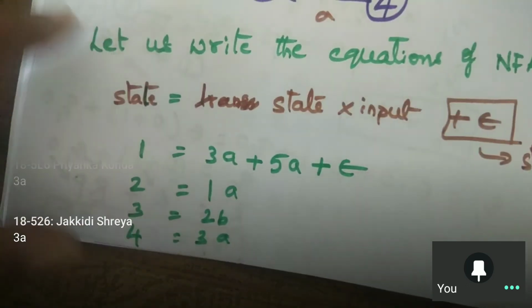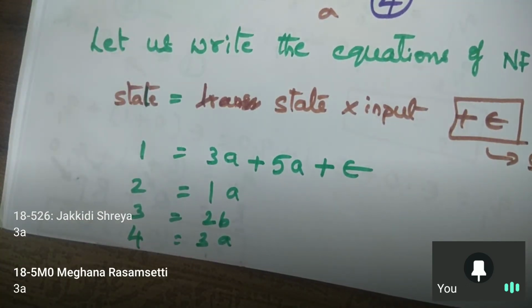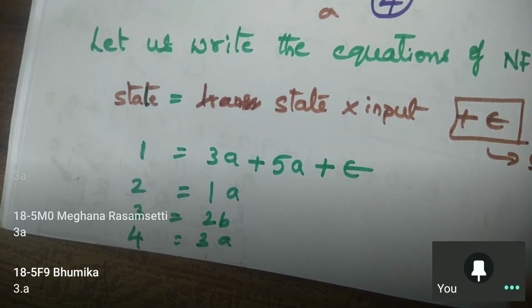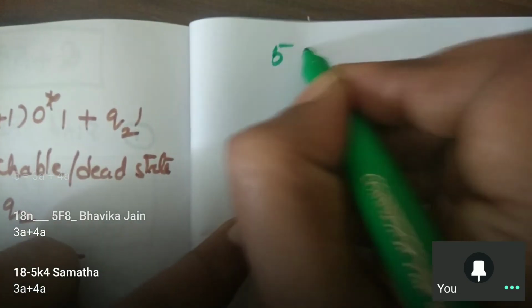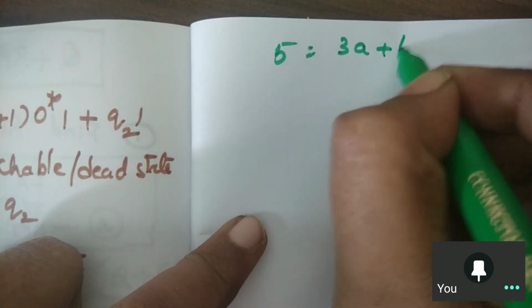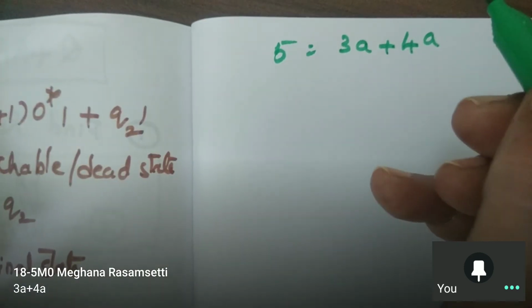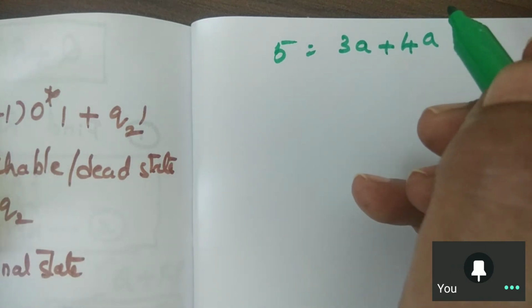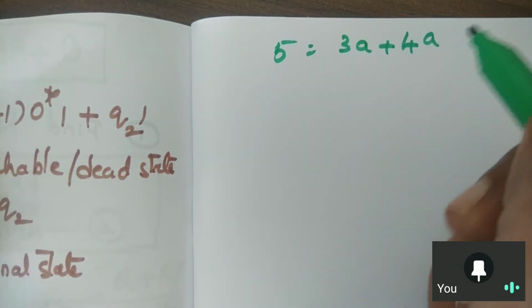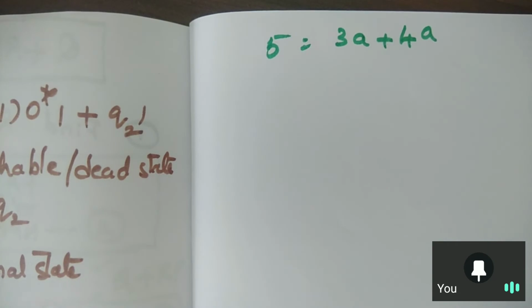Whatever you are saying, same thing I am writing. You are saying correct only. Next 5. So 5 has got 2 incoming arcs, 3a plus 4a. So 5 can be written as 3a plus 4a. That's it, no? 1, 2, 3, 4, 5. So we have written the equations for all the 5 states.